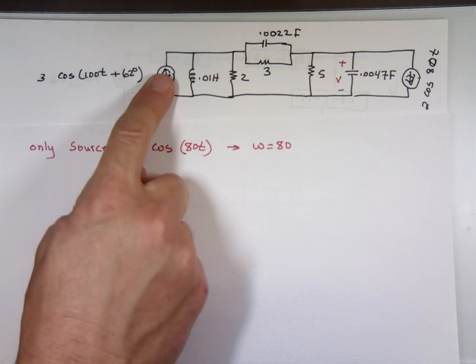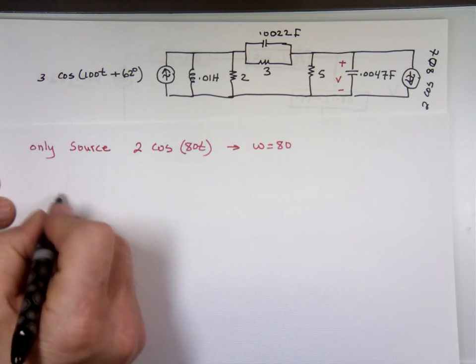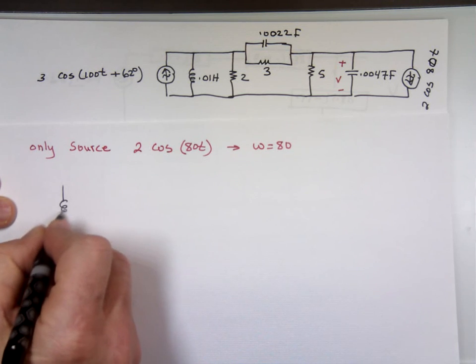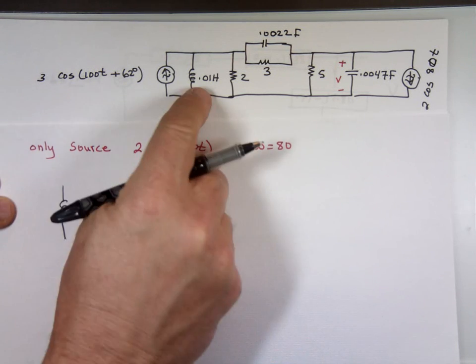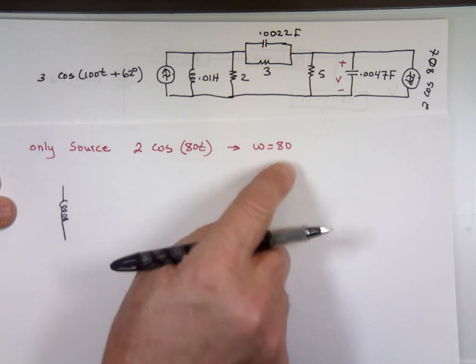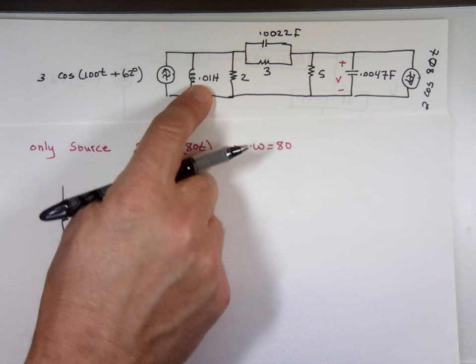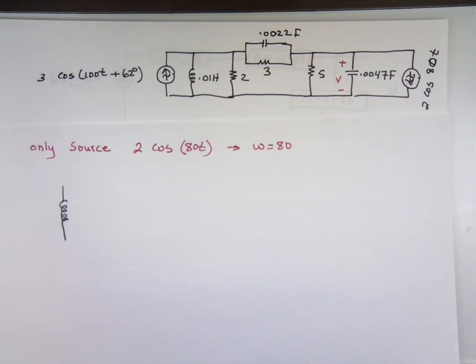The inductor is j omega L. Omega L, 80 times 0.01. Is that 0.8? 0.01 times 80. It's getting pathetic, I'm using a calculator for that. This is j0.8.